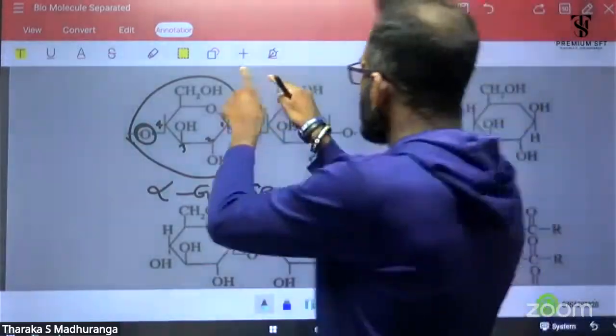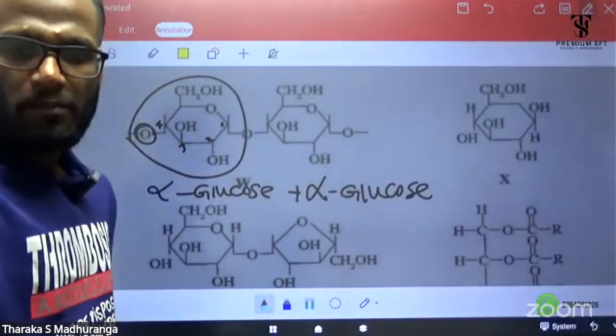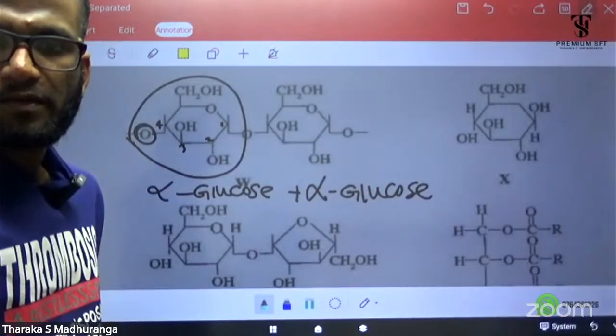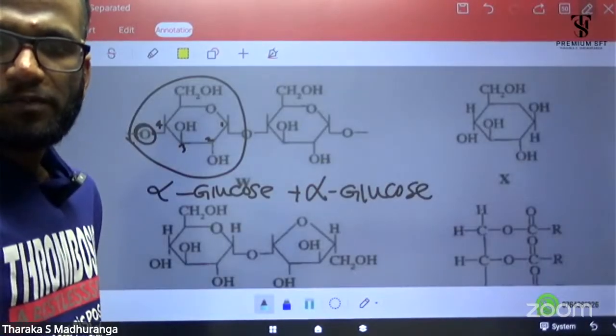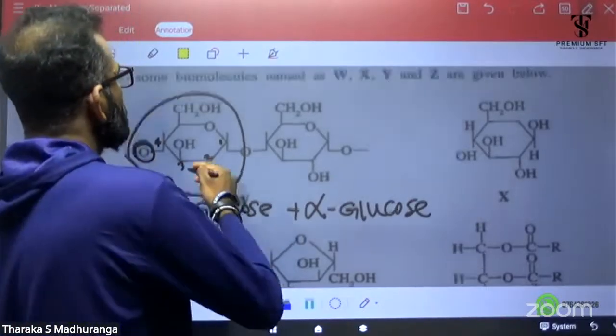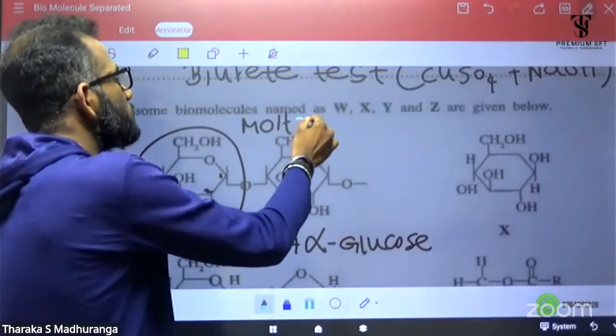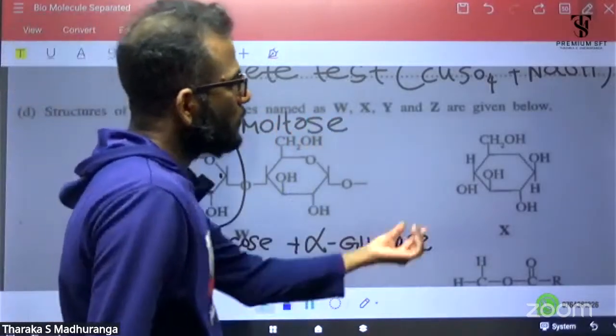What is the name of this disaccharide? Alpha glucose plus alpha glucose. Very good. It is maltose. Okay, what is this?